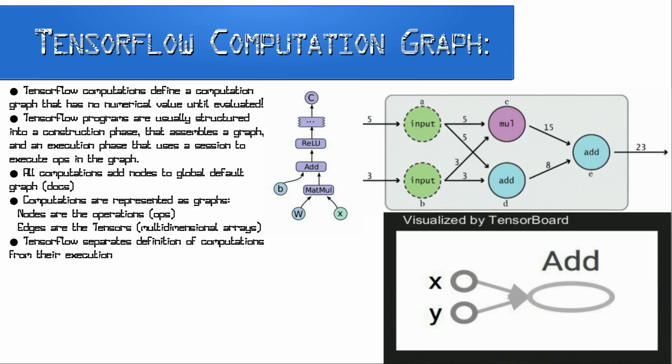TensorFlow provides a general mechanism for storing collections of metadata in a tf.Graph. The tf.add_to_collection function enables you to associate a list of objects with a key, where tf.GraphKeys defines some of the standard keys, and tf.get_collection enables you to look up all objects associated with a key.